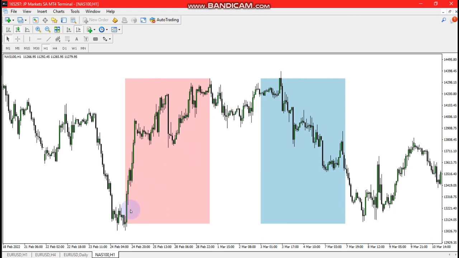You see here, it was trending up. This was a bullish liquidity void, and then it came back and refilled the gap. You see where it started here. Remember where this bullish liquidity void started. So now I'm going to be introducing what we call ICT order blocks.